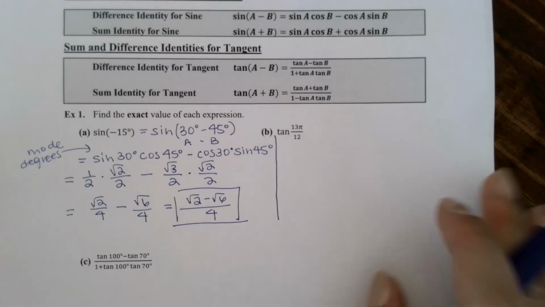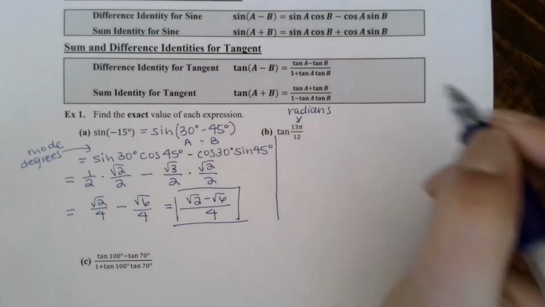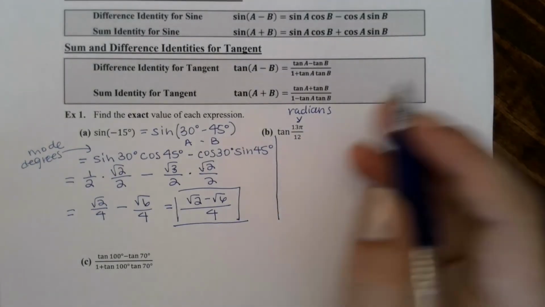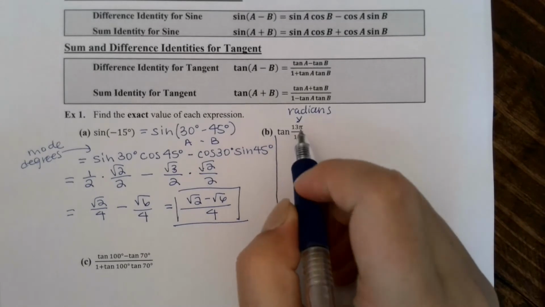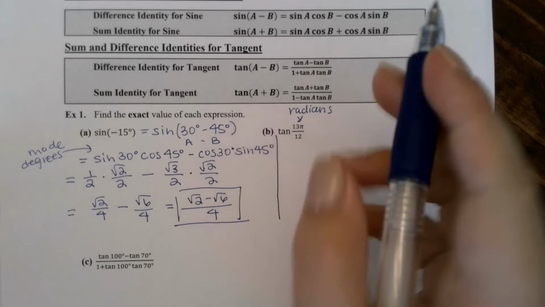Alright, tangent. Notice now that we are working with radians, so you'll need to change your calculator to radians. We have tan of 13 pi over 12, so we want to rewrite this as a difference or a sum identity.